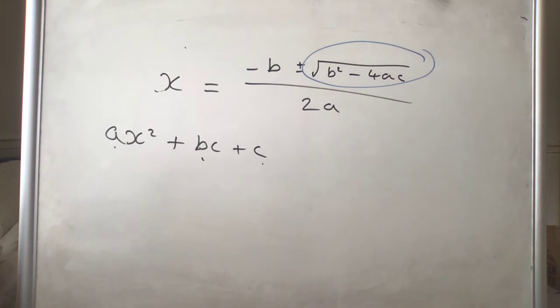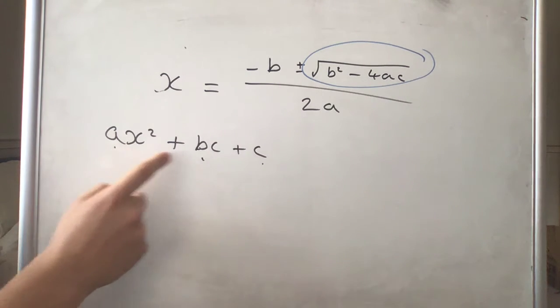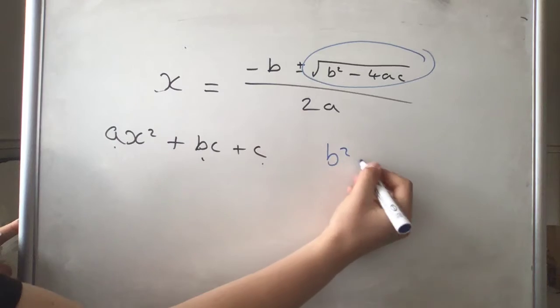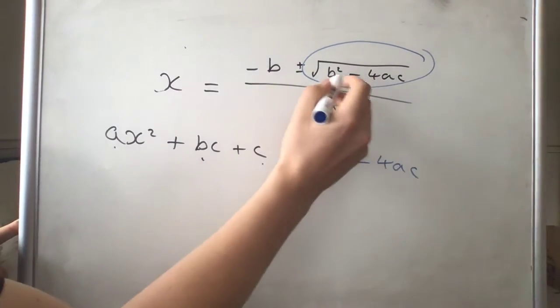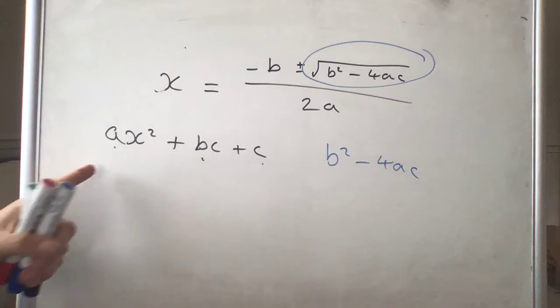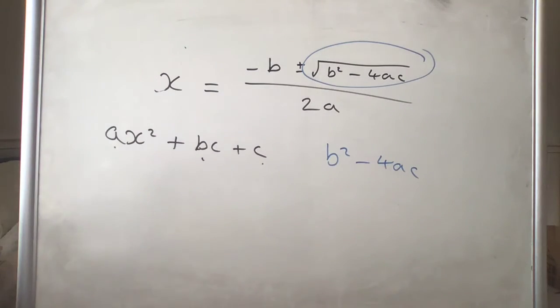Now, for the quadratic function f(x) equals ax squared plus bx plus c, the following expression, b squared minus 4ac, so this bit under the square root, this is called the discriminant. Okay? And the value of the discriminant shows how many roots we have for this function.